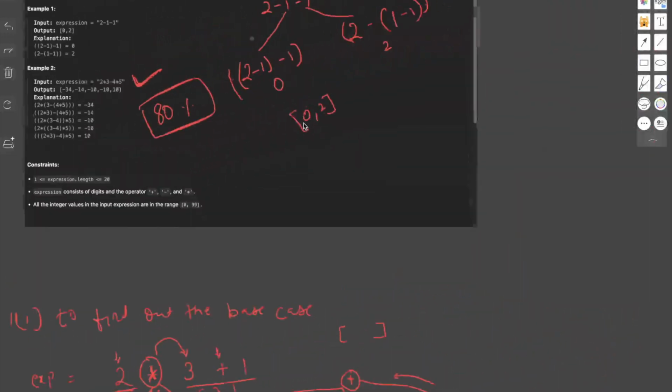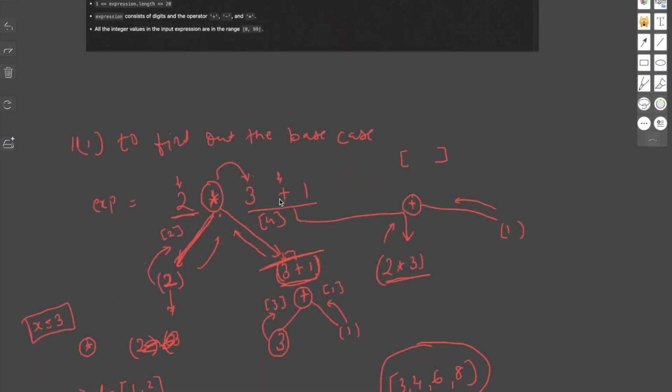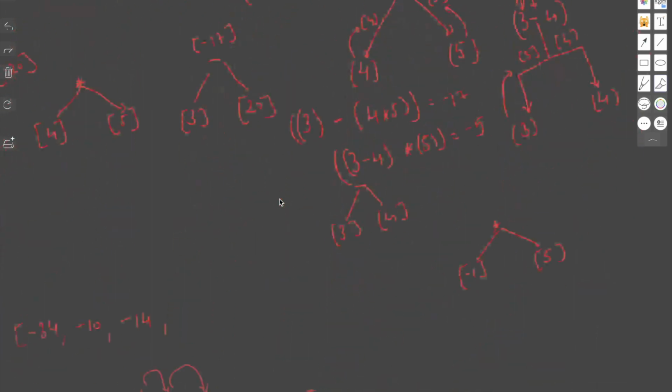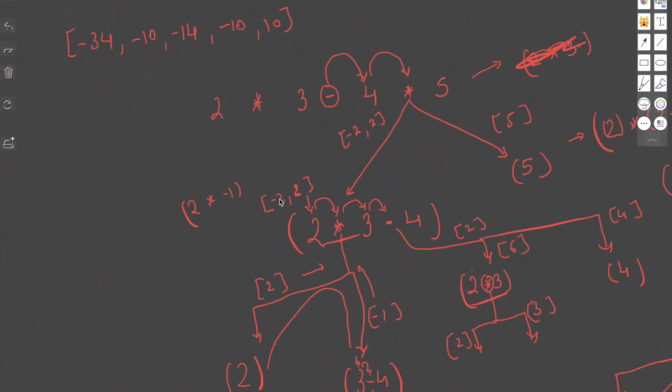So let's verify this answer here. We got -34, -14, -10, -10, 10. I hope you understand this in-depth analysis of how we are going to solve this problem. So let's finish the next step, that is to find out the relation. The relation is pretty simple here.